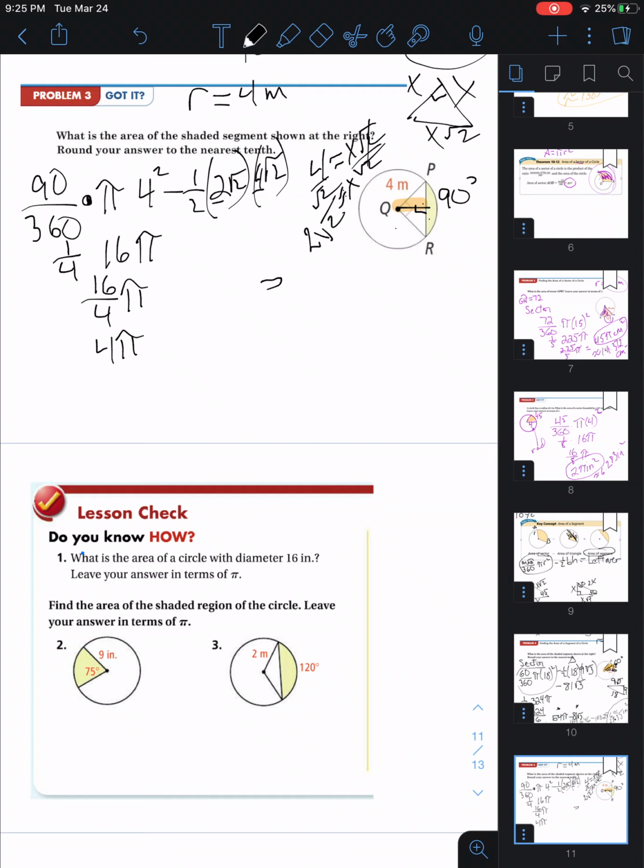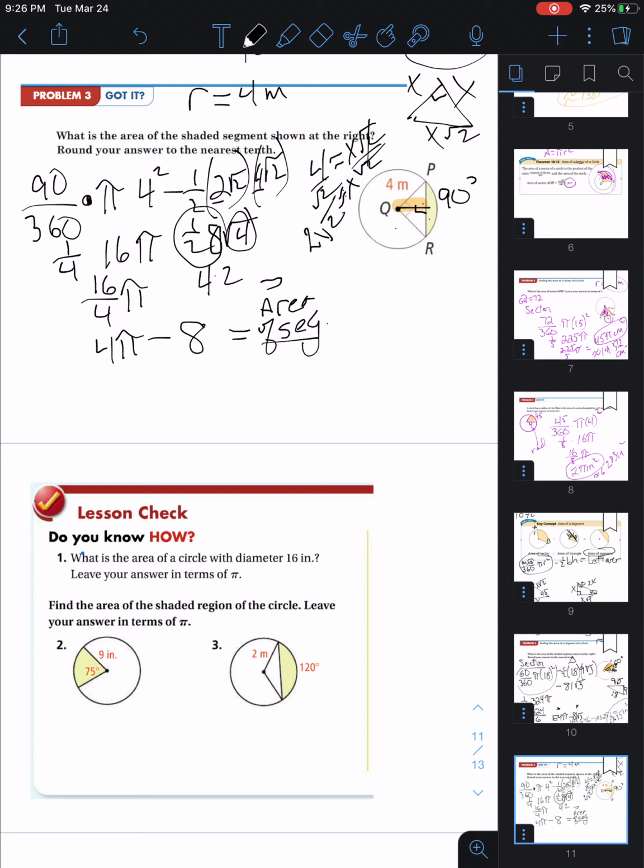The rational parts, 2 times 4, would be 8. The irrational would be rad 2 times rad 2, which is rad 4, times the 1/2. By the way, what is half of 8? That's right, it's 4. And what is the square root of 4? Well, that's 2. So 4 times 2 is 8. So I'm going to have 4 pi for my sector minus 8 for my triangle, and that'll give me the measure of the segment, which is what's left over.